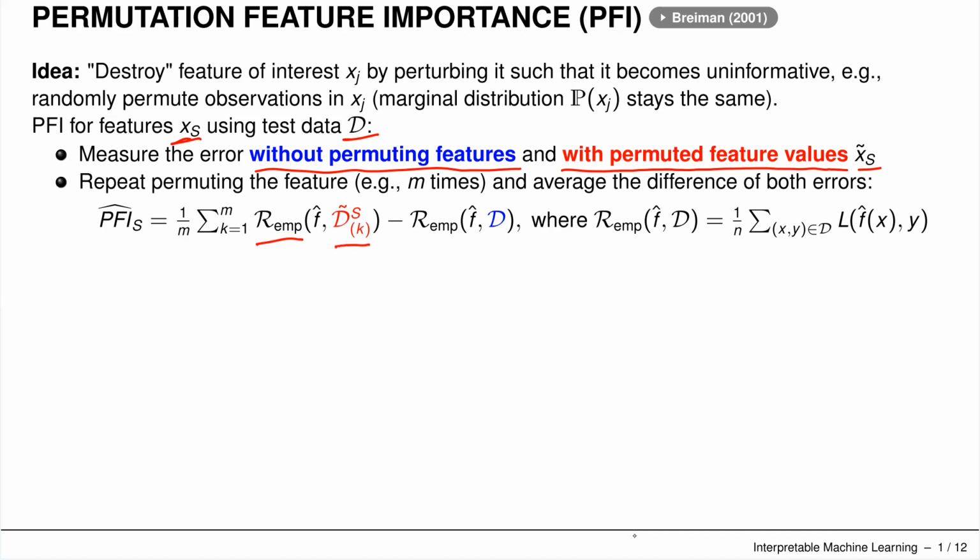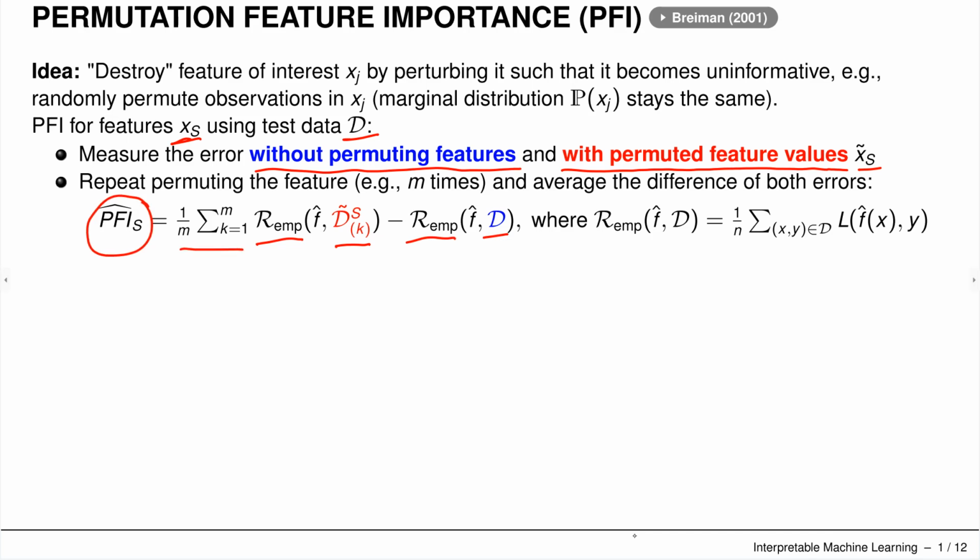So k is the permutation of our feature set S, and that gives us the data D tilde S k. And we also calculate the loss of our model using the original data D. And we just average this m times. And that gives us the permutation feature importance estimate of our feature set S.